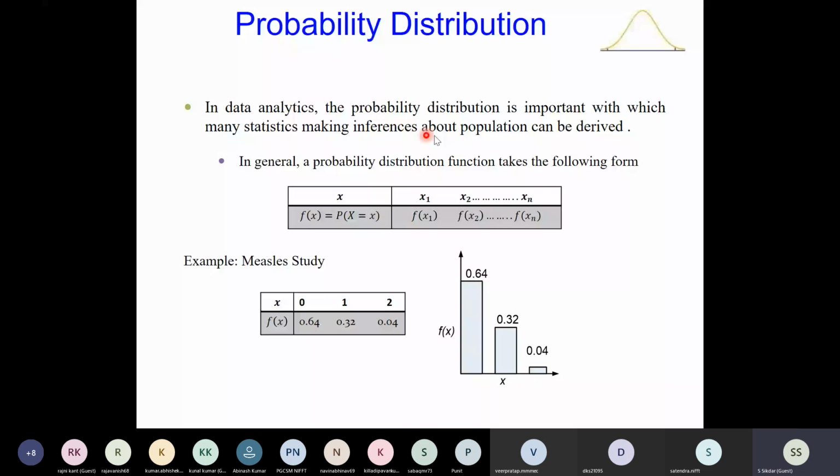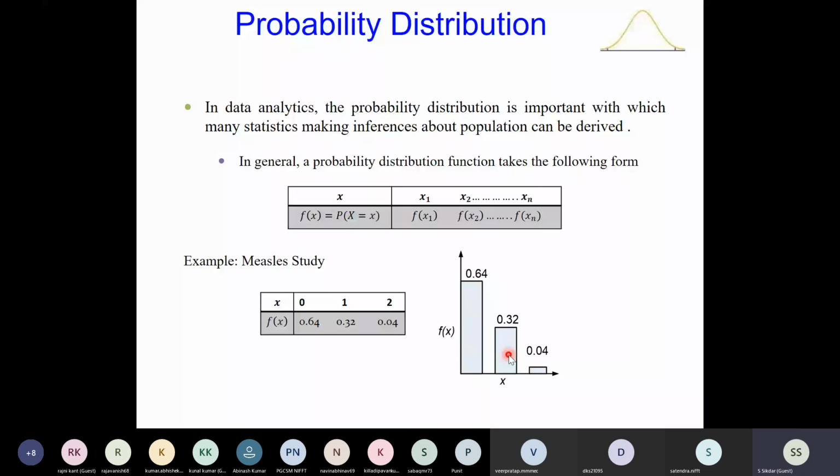So in general, the probability distribution function looks like this: f(x) is equal to P(x), so f(x) here can be 0.64, 0.32, 0.04. So we saw it like this in the measles study.